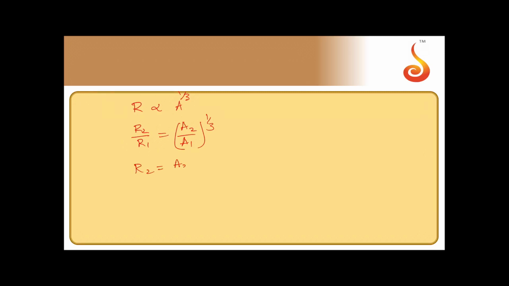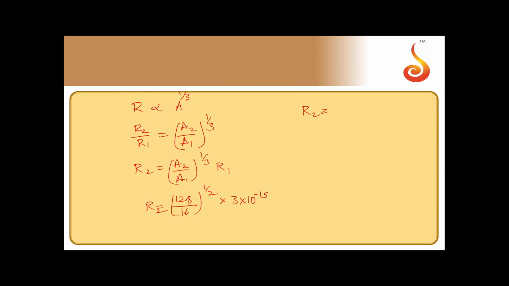So R2 is equal to A2 by A1 whole to the power 1 by 3 into R1. Now A2 is given 128, A1 is given it is 16, into R1 which is 3 into 10 power minus 15.